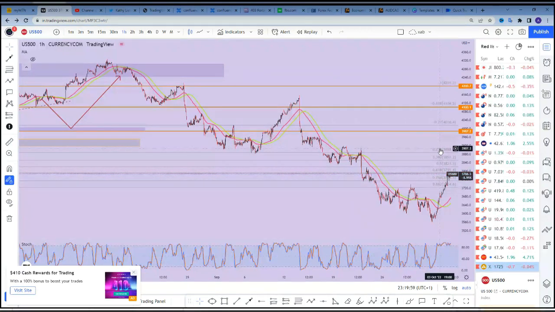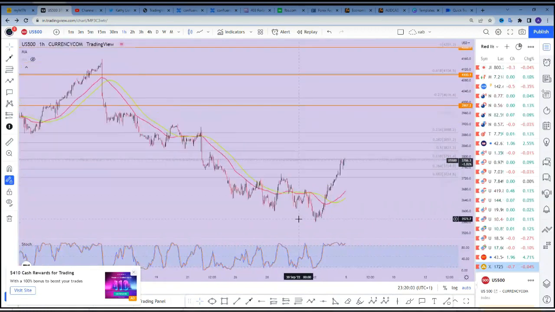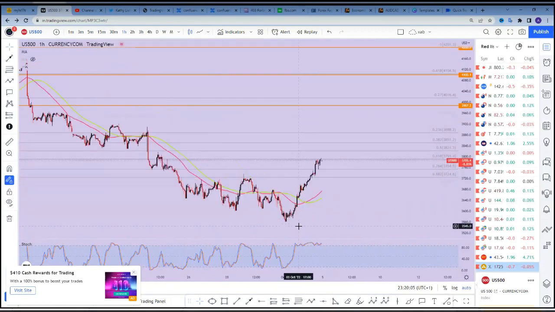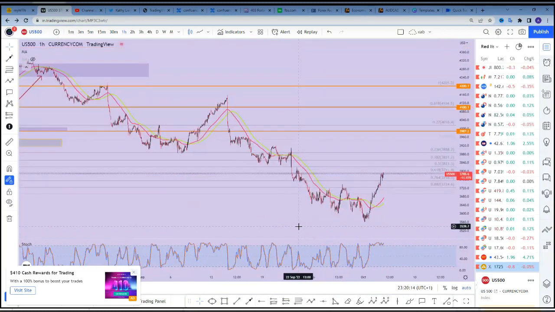What do you notice that happened next? The stochastics crossed again and told us to get out of that trade ASAP. You can see that on the very next candle, the stochastics crossed back up, telling us to leave this trade right now. I want to believe that I've been able to address your question.